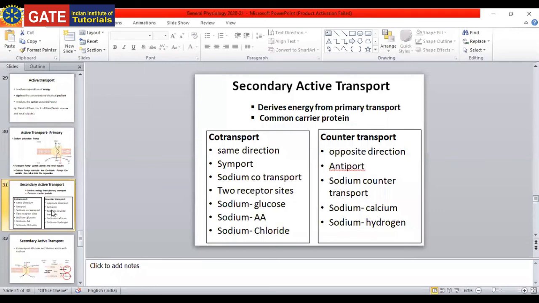Now, having known that secondary active transport derives energy from the primary transport, tell me: where is more of the sodium? Outside. Correct.